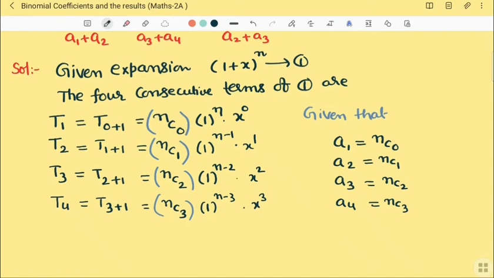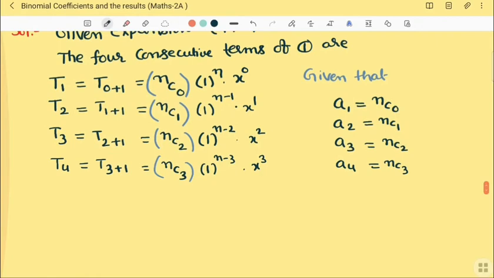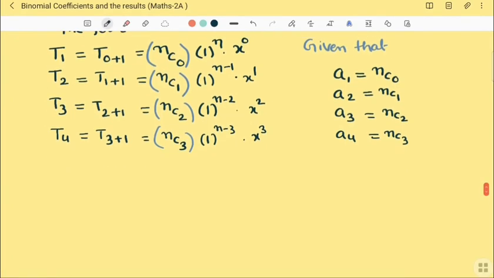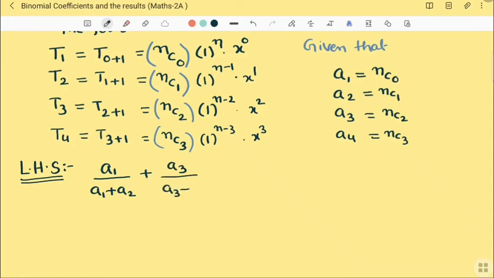Now come to consider first the LHS. What is LHS? Considering LHS, in LHS we have A1 by A1 plus A2 plus A3 by A3 plus A4.